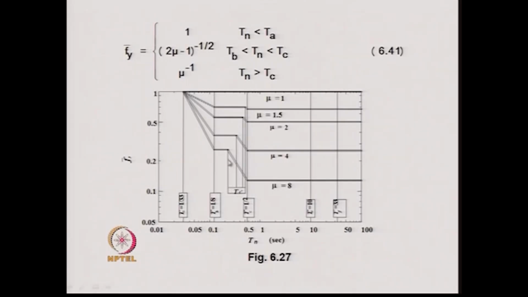Now, for different mu's we can see that T C dashed is varying, and between T B and T C dashed the variation of f bar y with T n can be represented by 2 mu minus 1 to the power minus half, or in other words 1 by square root of 2 mu minus 1.